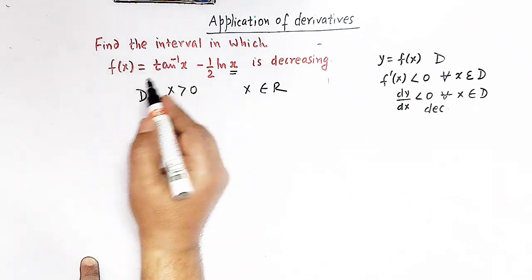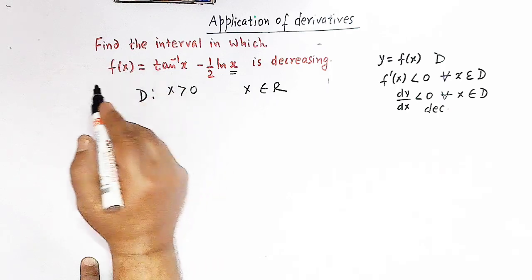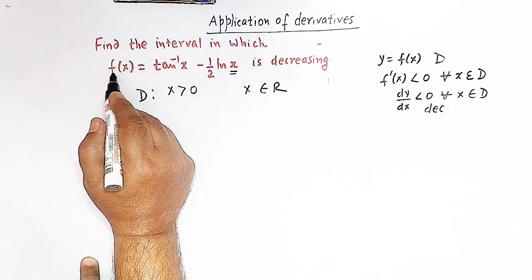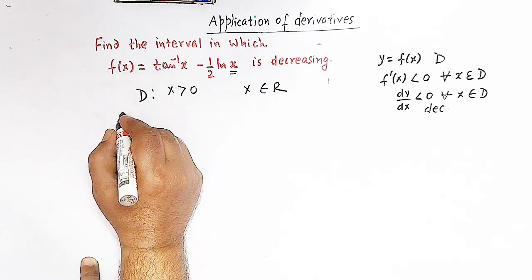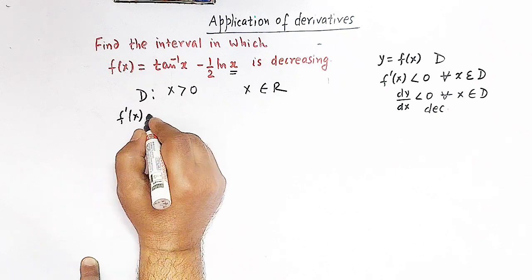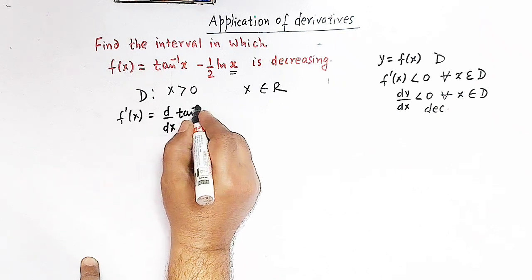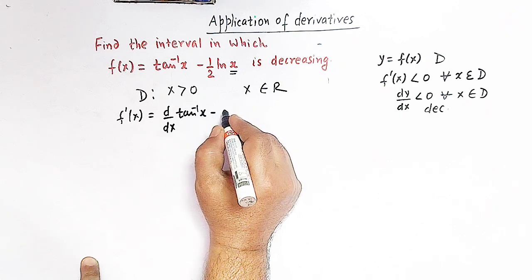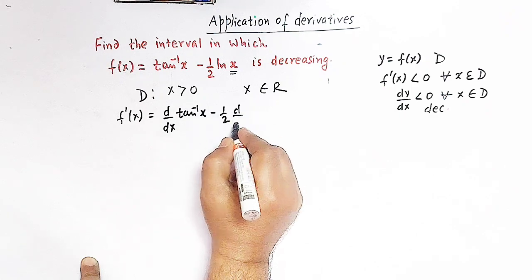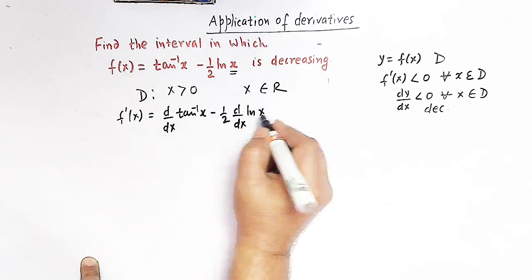Now the next step is to find out the derivative of this function. So we have f prime of x, that is equal to d by dx of tan inverse x, and then we have minus half and d by dx of natural log of x.